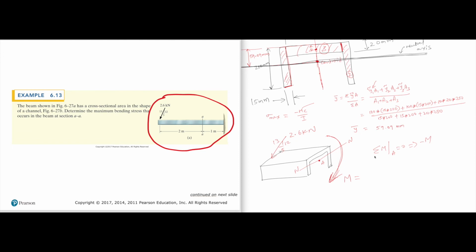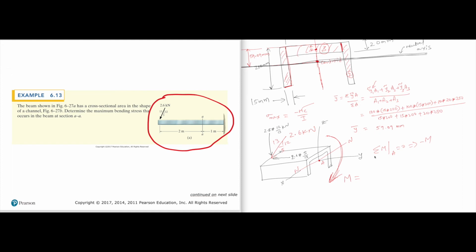I can resolve this into that and into this. So this is going to be 2.6 times 12 over 13 kilonewtons, and this will be 2.6 times 5 over 13, because we need to give some axes. So the axes, let's call this z, let's call this x, let's call this y. So we are rotating with respect to the x-axis, right? In this case, the rotation is with respect to the x-axis.